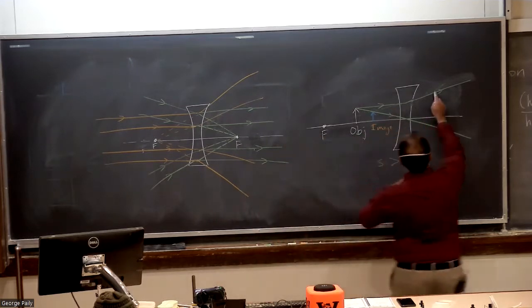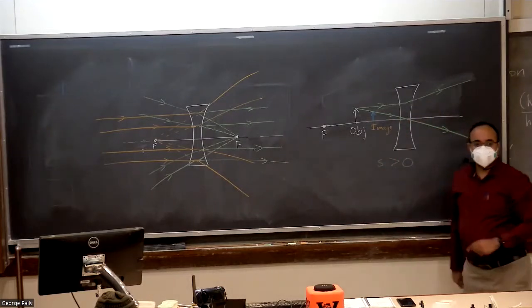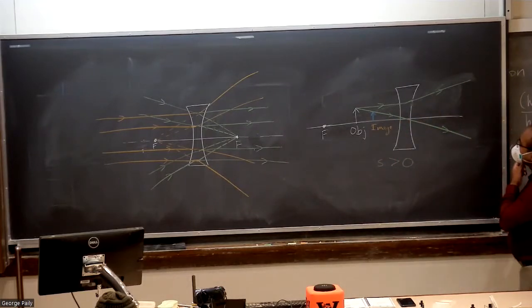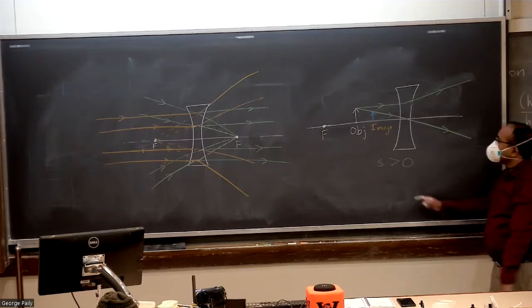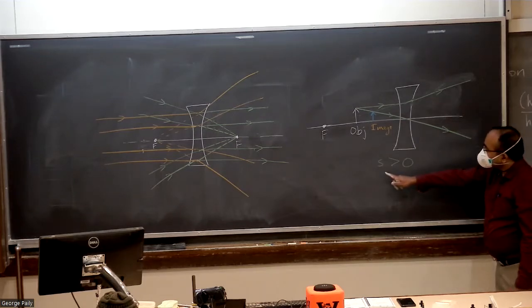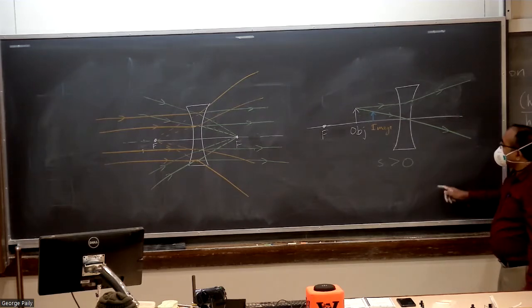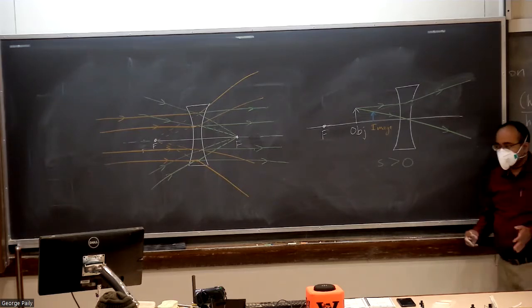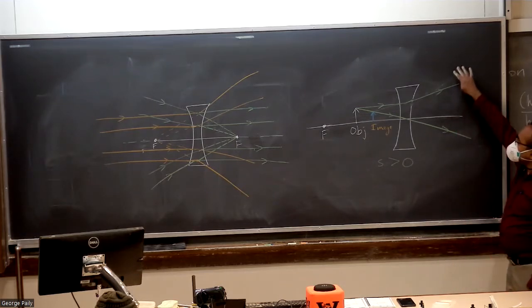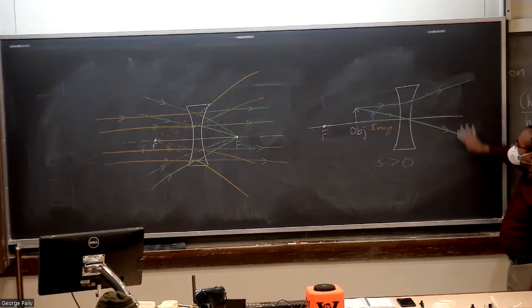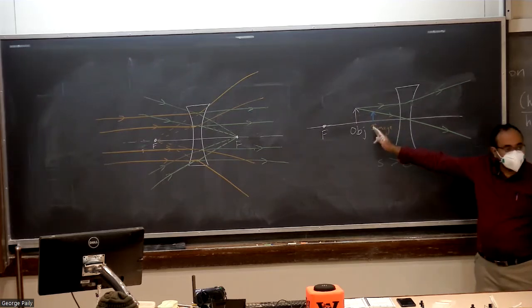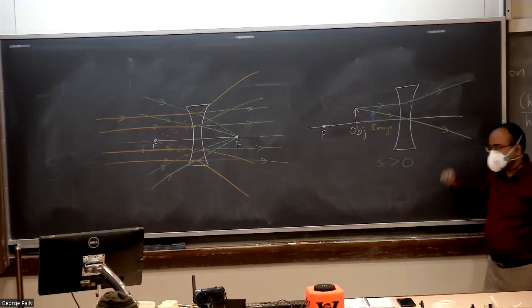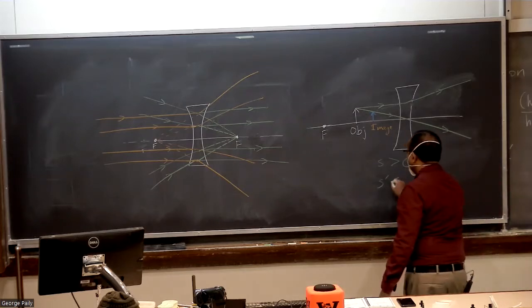Yes, so I traced back this ray. Oh, okay. Yes, okay. So, S prime, we said, is the distance of the image from the lens. And here we can see the outgoing rays are on this side, but the image is on this side, right? So that tells us that S prime will be negative.